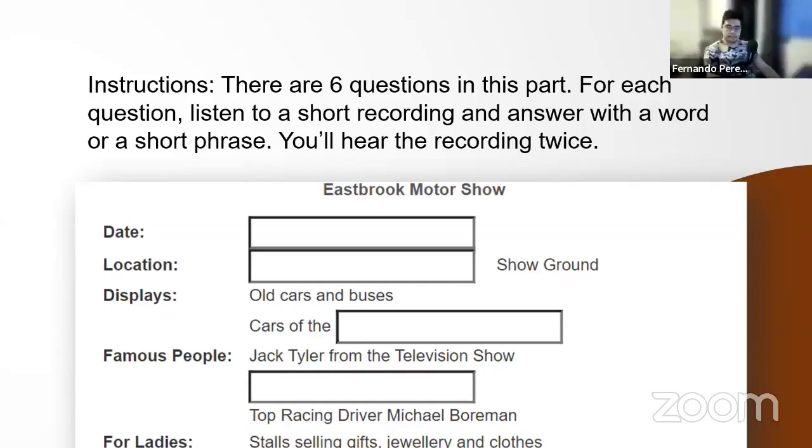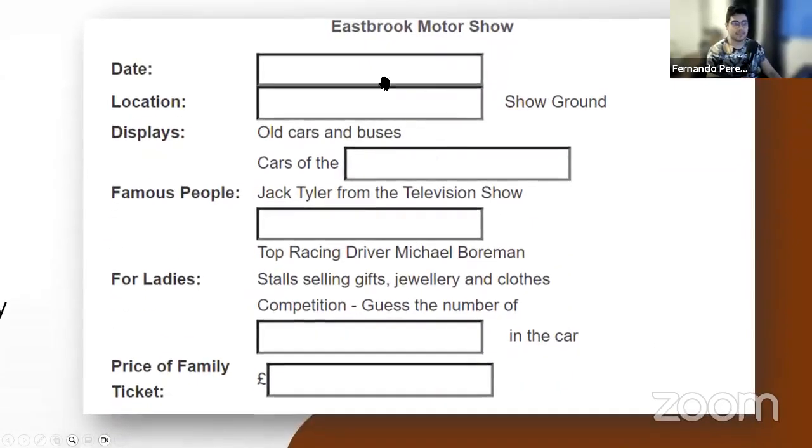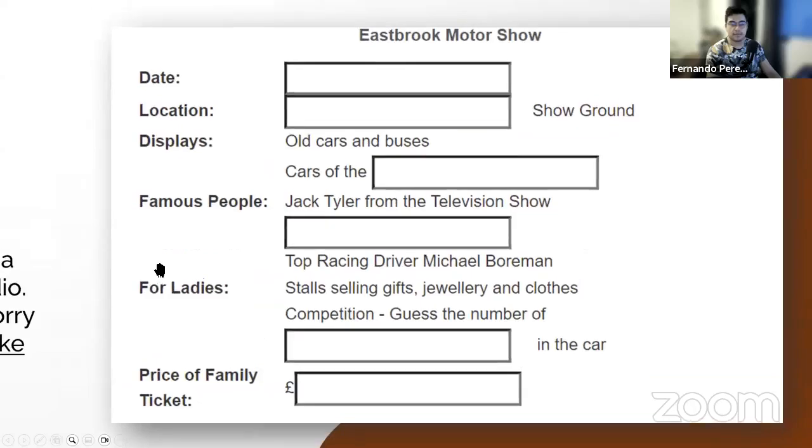Similarly to the previous ones, you will hear the recording twice, but you have a very, very, very long conversation. This exercise contains a flyer for a motor show, and you need to complete it using the information in the audio.